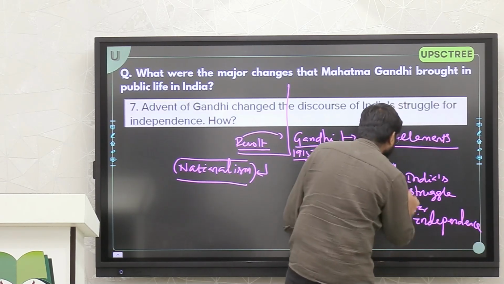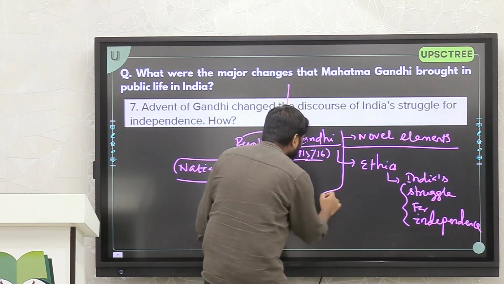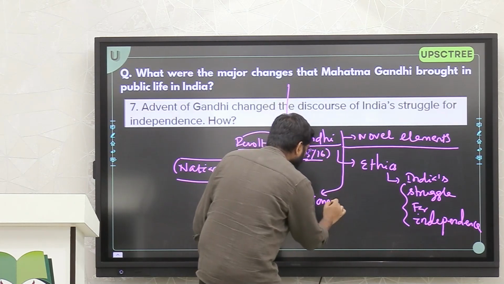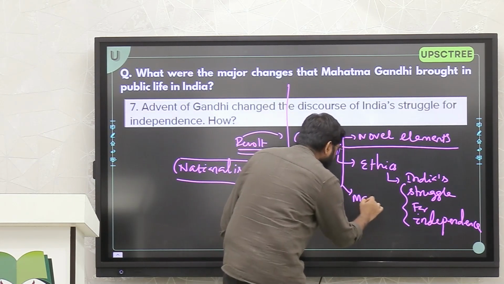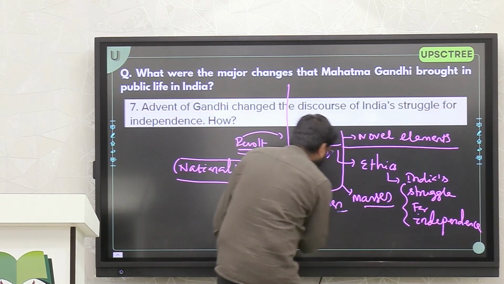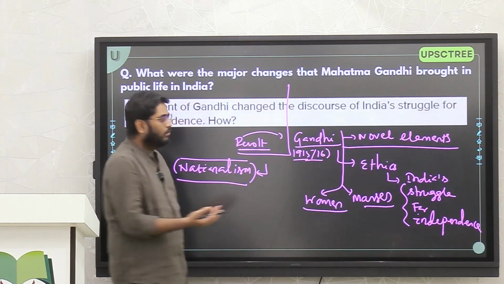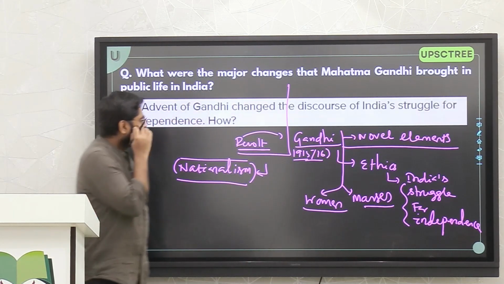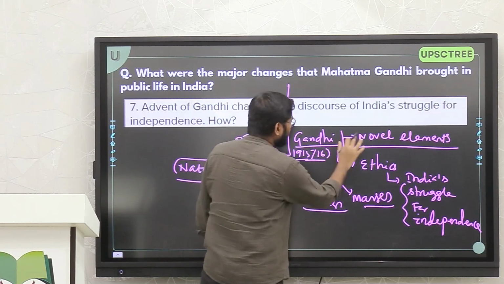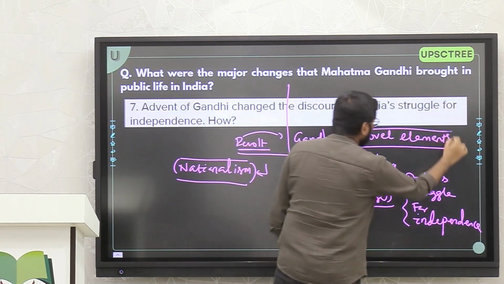And because he is going for a non-violent movement, he will inspire masses as well as women. And in fact, Gandhi will be able to do that. So these are the novel features he has brought and implemented in India.